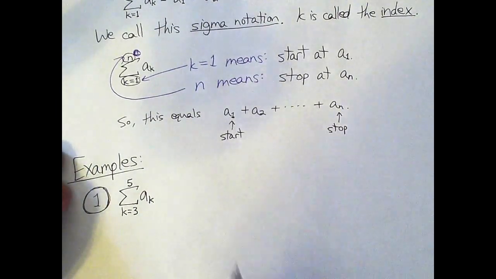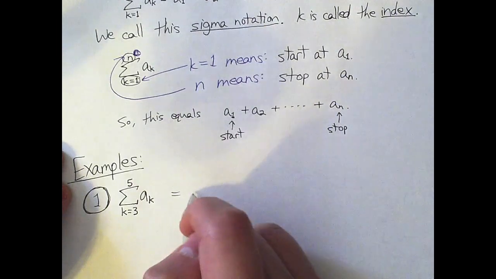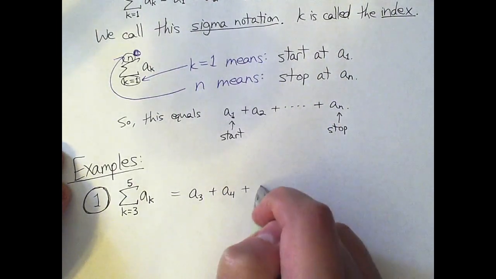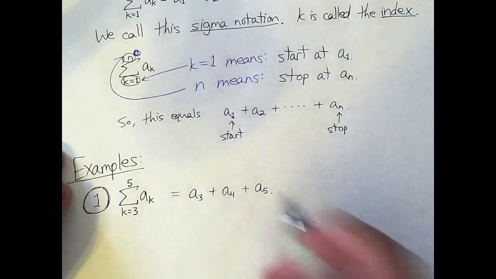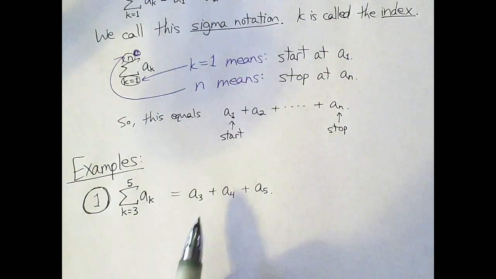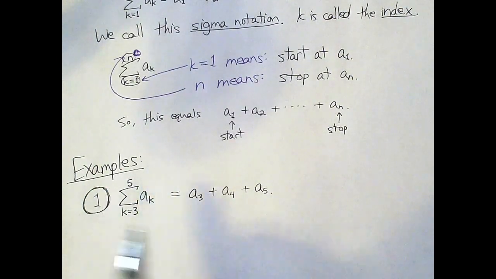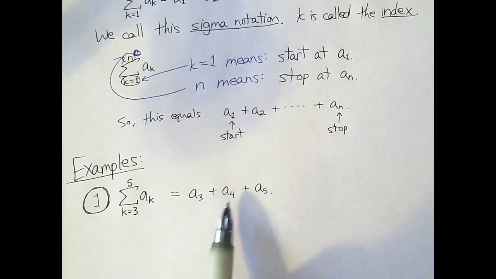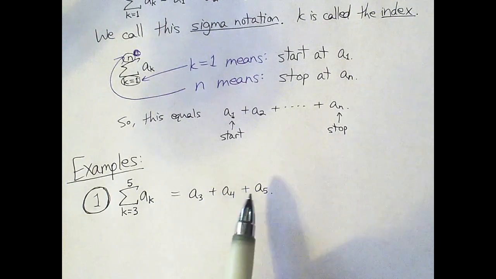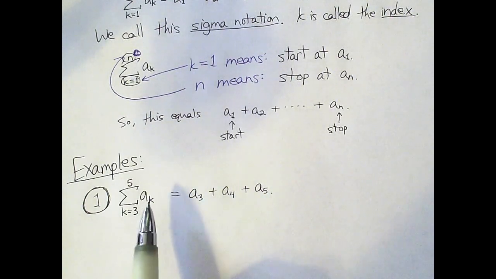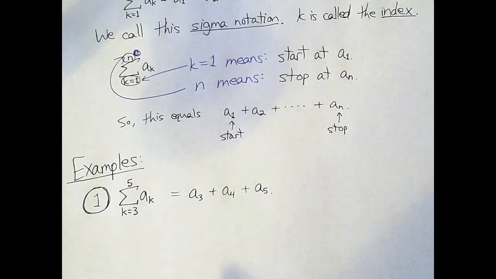And what this represents is simply a3 plus a4 plus a5. That's it. Because the k equals 3 told me to start the sum at 3, the 5 up top told me to stop at 5, and we just go, with consecutive integers, 3, 4, 5, stop. And ak could actually be something else. We could have like a function of k, but for now it was just ak, so that's all we added.